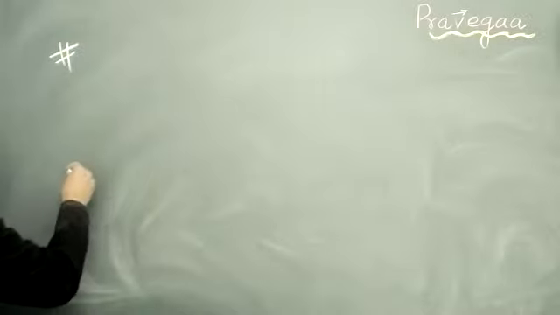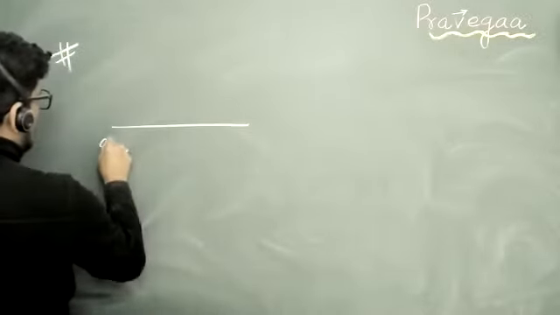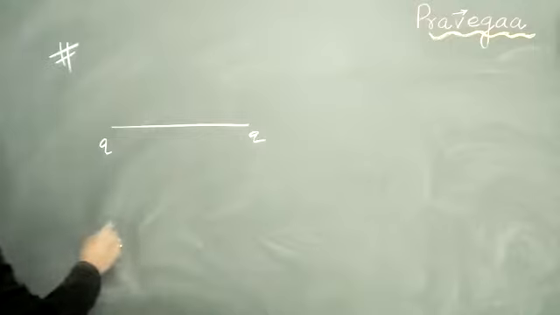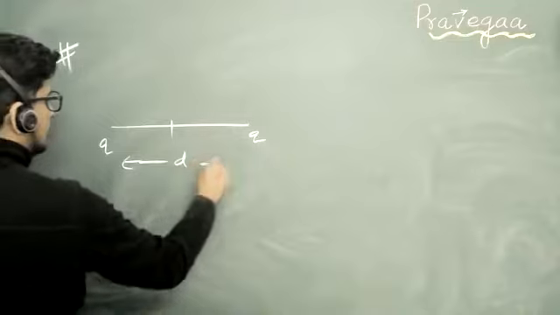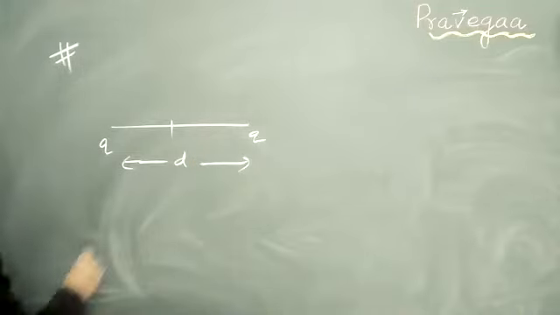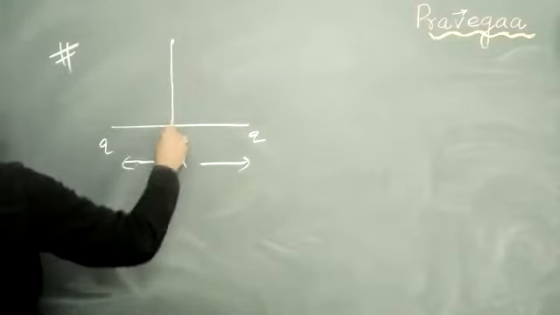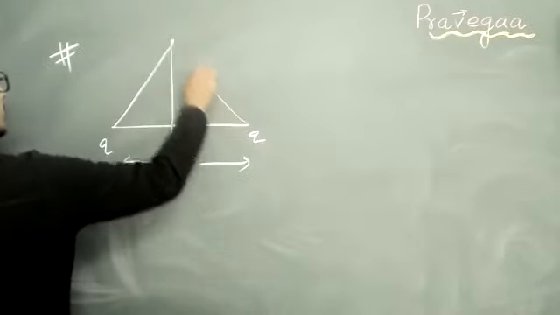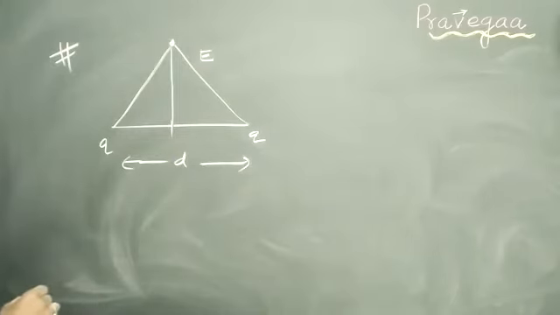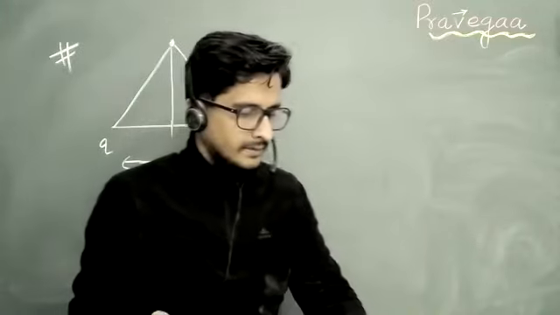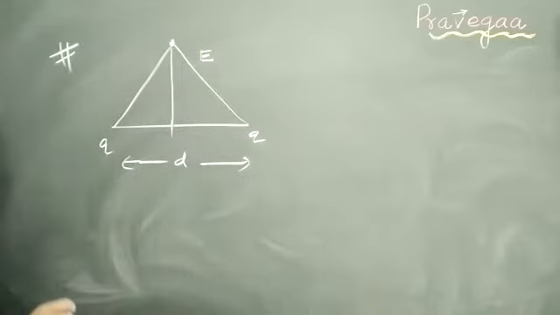Okay. So this is the question in which we have two charges, Q and Q, and they are separated by a distance d, right? And at this point we have to calculate the value of electric field, and then we will make some extreme cases to understand.